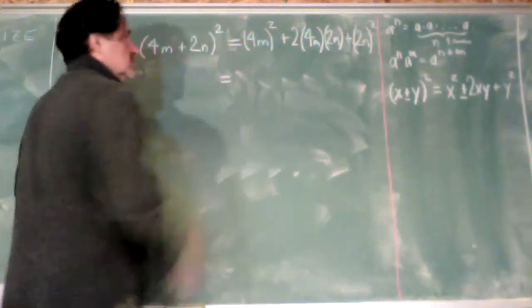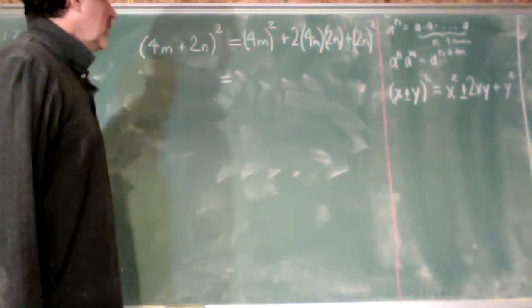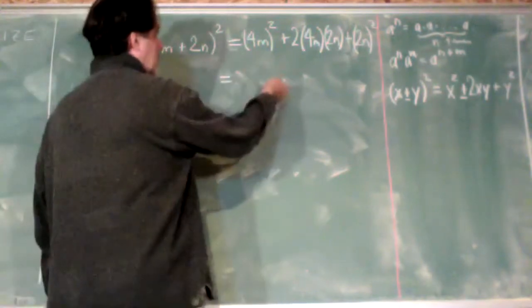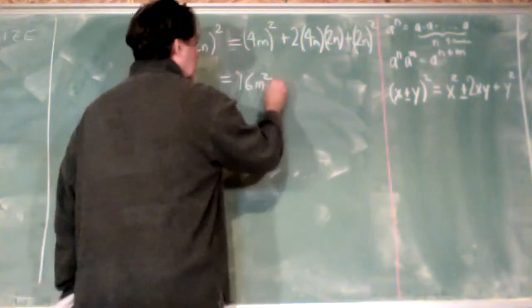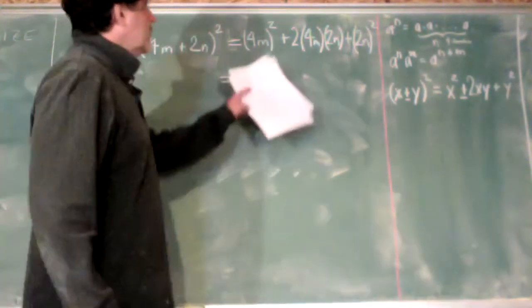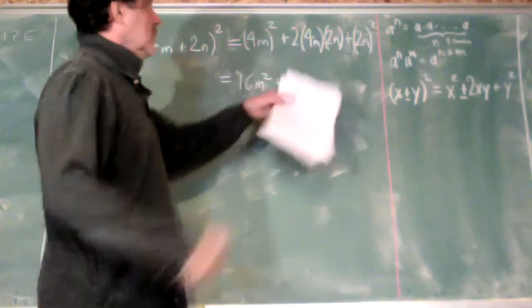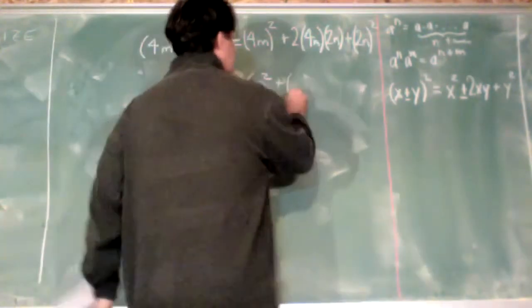Equals, and now we just multiply out. 4m squared is 4 squared m squared. 4 squared is 16, m squared. Plus, I have 2 times 4 times 2. Again, I'm going to take this extra step.